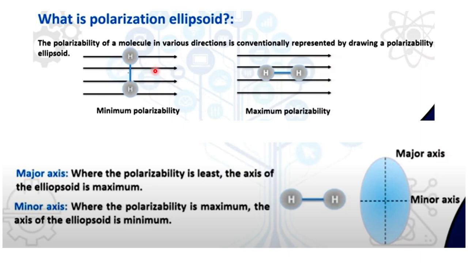For example, if you take the hydrogen molecule, it is hydrogen and hydrogen. In presence of electric field, now there is a formation of ellipsoid structure based on the charge distribution.